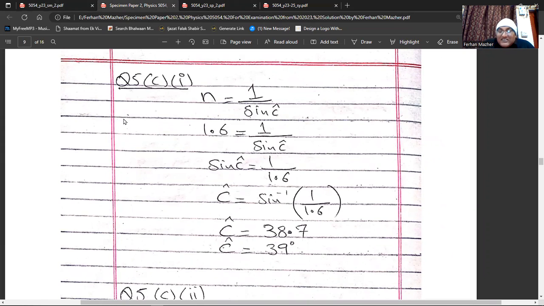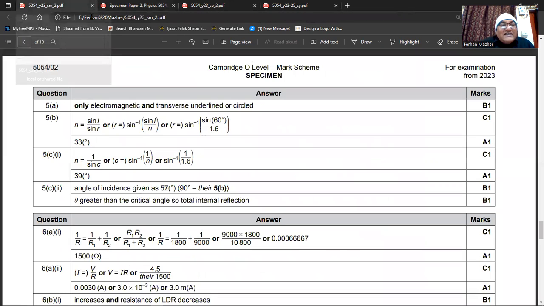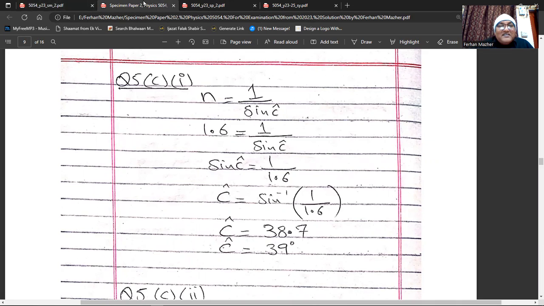So C will be sine inverse of 1 divided by 1.6, bracket close, and you will get 38.7, which is approximately 39 degrees. So the critical angle is 39 degrees. So our answer is right.